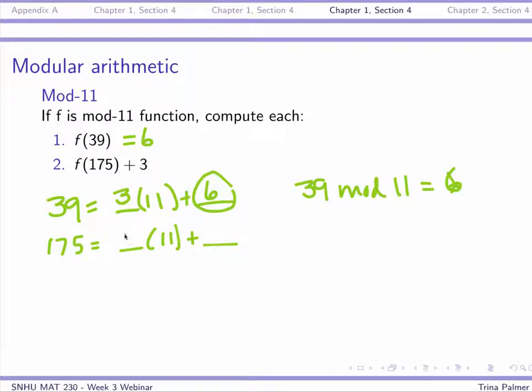I think it's 15. I forgot that number. The remainder is 10, which means this value will be 10 plus the 3. So the 3 is not part of the clock arithmetic at all. So you get 13 for this. Any questions on the modular arithmetic?